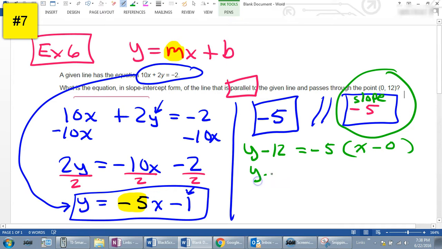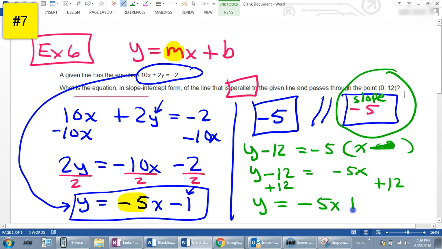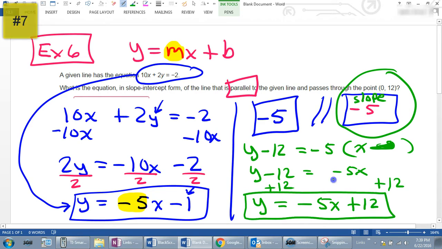Alright, so that's just y minus 12 is equal to negative 5x, because it's 0. You don't really have to write the 0. Are you with me so far? And now I'm just going to add 12 to both sides. So that's going to give me y equals negative 5x plus 12. Alright, so that would be the answer.